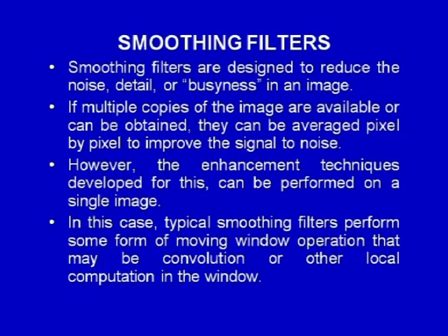If multiple copies of the image are available or can be obtained, they can be averaged pixel by pixel to improve the signal to noise ratio. However, the enhancement techniques developed for this can be performed on a single image. In this case, typical smoothing filters perform some form of moving window operation, that may be convolution or other local computations in the window.